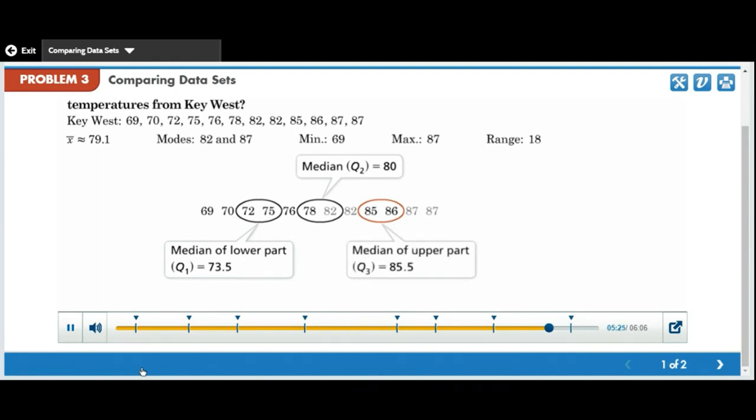The median of the upper part is 85.5. Finally, find the interquartile range. So 85.5 minus 73.5 is going to give us an IQR of 12. The interquartile range is 12.